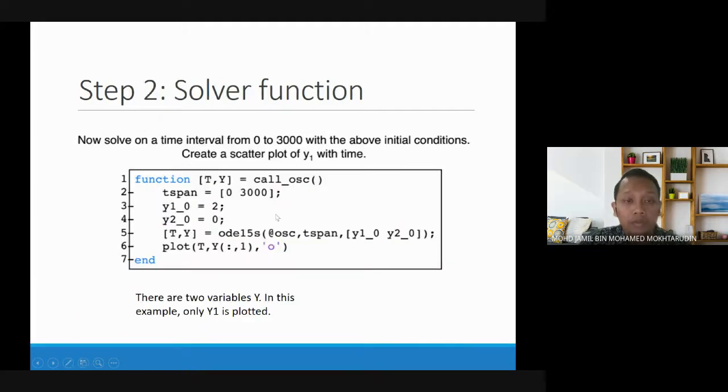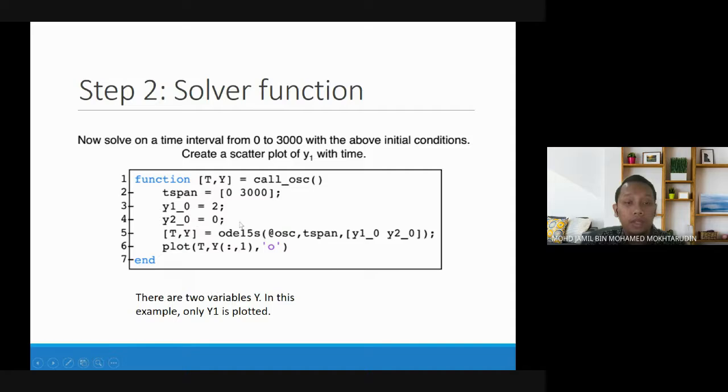Okay, and then after you write the ODE equations in a function, you can write the solver function. Same concept: ty, and then you write an extra name. Where it says OSC, here you write call or solver or anything else, and you save your function using this name. So you write the time span, given from 0 to 3000. Because there are two, y1 and y2, you need to write two initial values: y1 naught equals 2 and y2 naught equals 0.